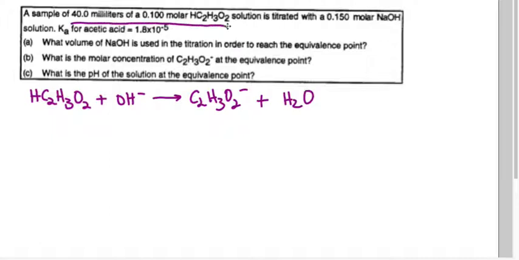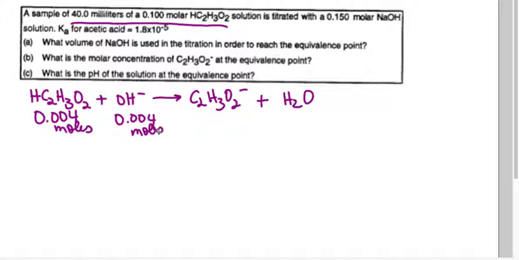Exactly. I know the acetic acid moles. So 0.1 times 0.04 is 0.004 moles. So if I'm going to be at the equivalence point, sodium hydroxide would also need to be 0.004 moles. Correct?